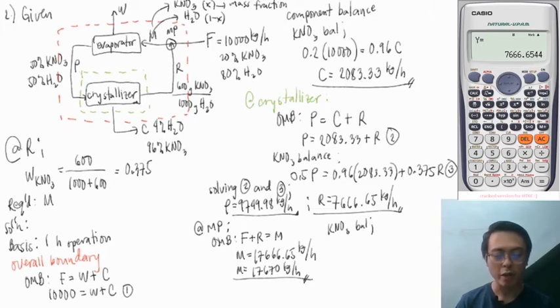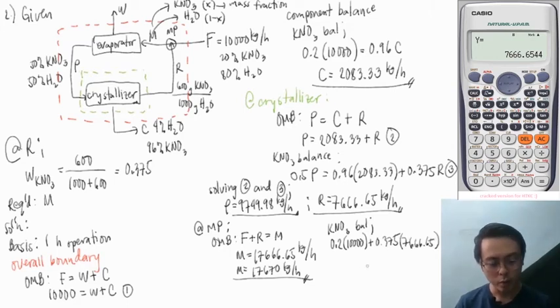What do we have? In your input, 20% of 10,000 plus in R, 0.375 of R. R is 7666.65. That is equal to the mass fraction of potassium nitrate in M, which is X, multiplied by M, which is 17666.65.